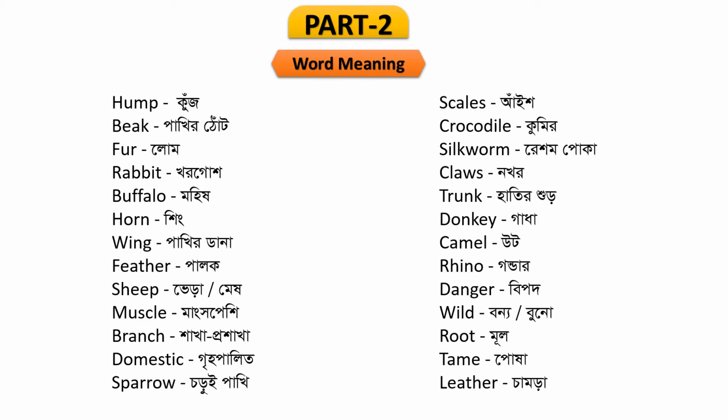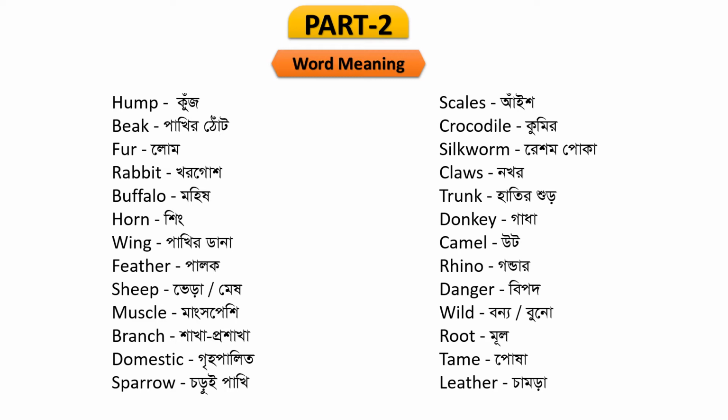Wing means পাখির ডানা. Feather means পালক. Sheep means ভেড়া অথবা মেষ. Muscle means মাংসপেশি. Branch means শাখা প্রশাখা.